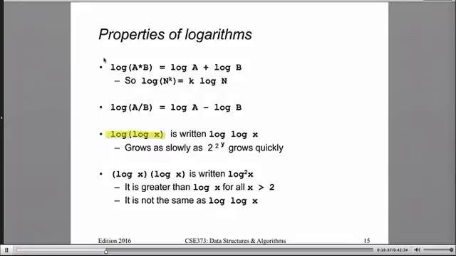That function grows extremely slowly, as slowly as 2 power y is growing quickly. So that function is almost constant because, to make it grow, you have to increase x by a huge number, since otherwise log of x doesn't grow much.